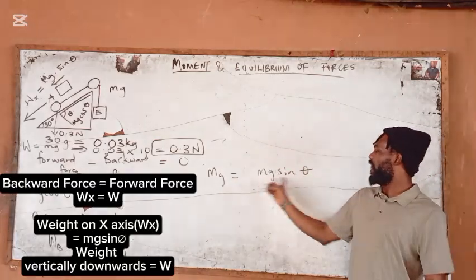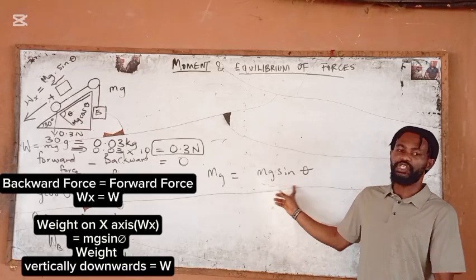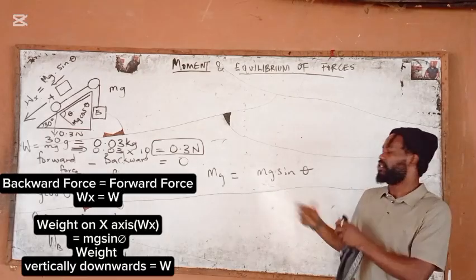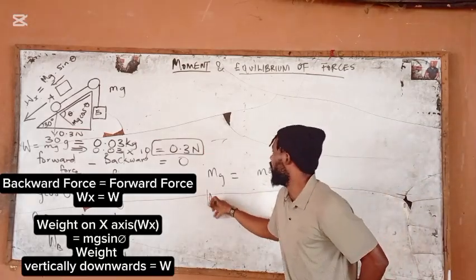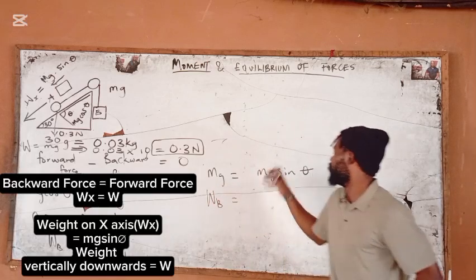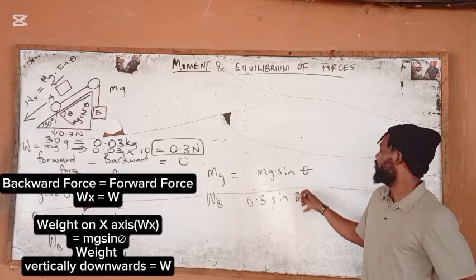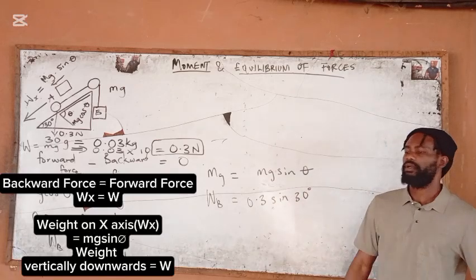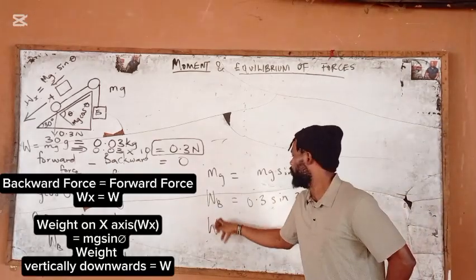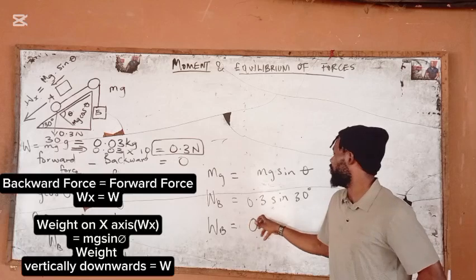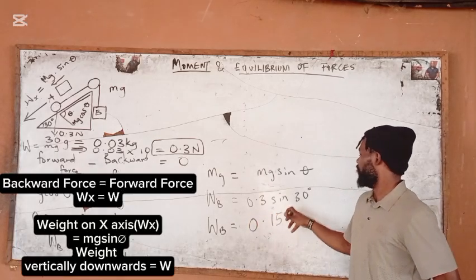And since we are doing the x-axis here, since it's an inclined plane, the x-axis is sin theta. So the weight on B for the x-axis is going to be 0.3 sin 30 degrees. Punch for me, what do you have? 0.15. Okay. WB is going to be equal to 0.15 Newton.